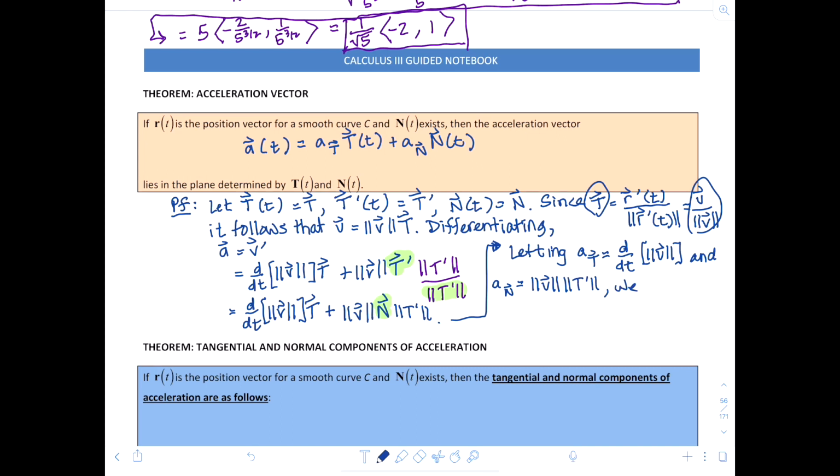We have the acceleration vector is equal to a sub T times the vector T plus a sub N times the principal unit normal vector.